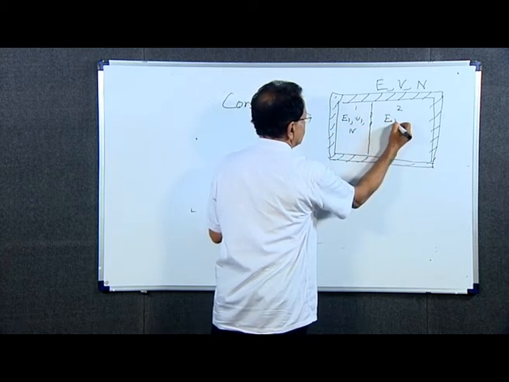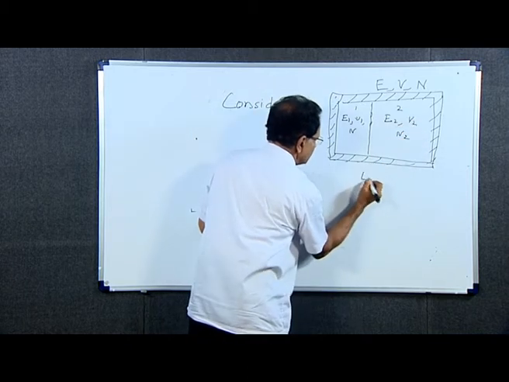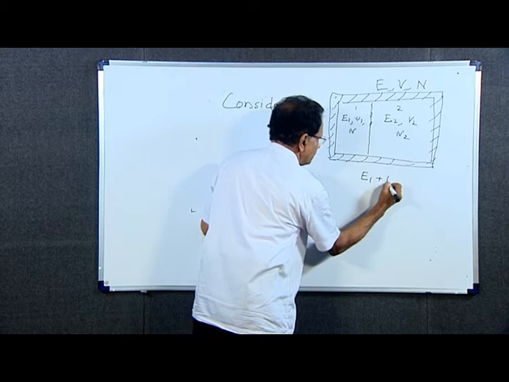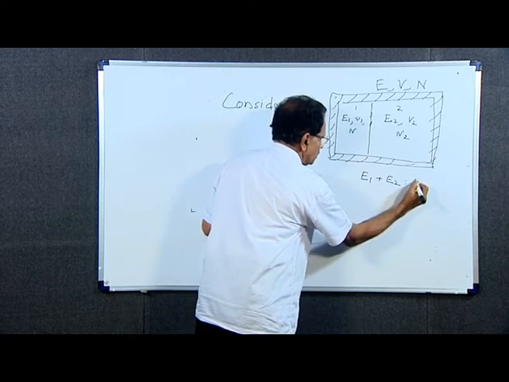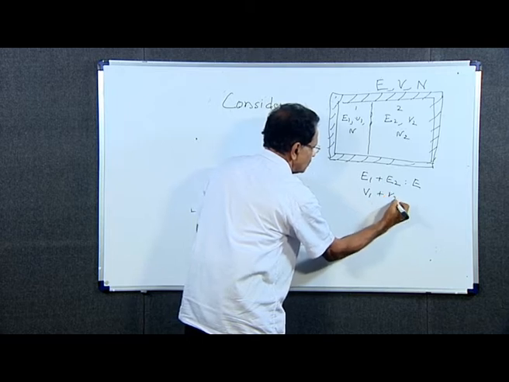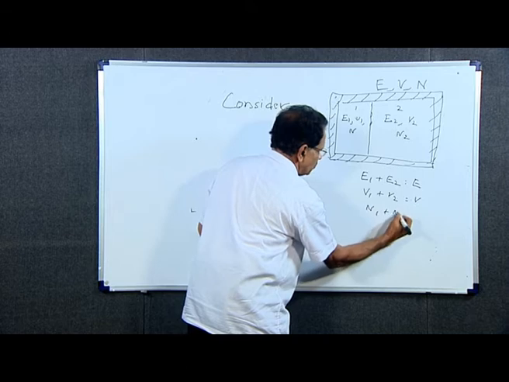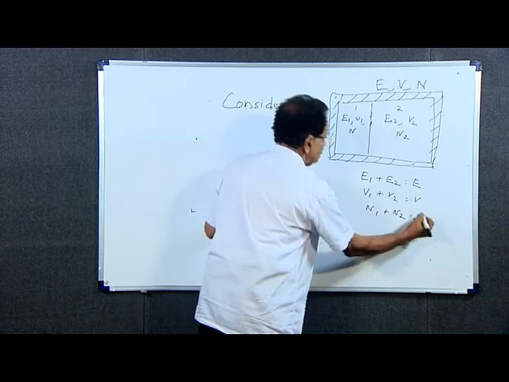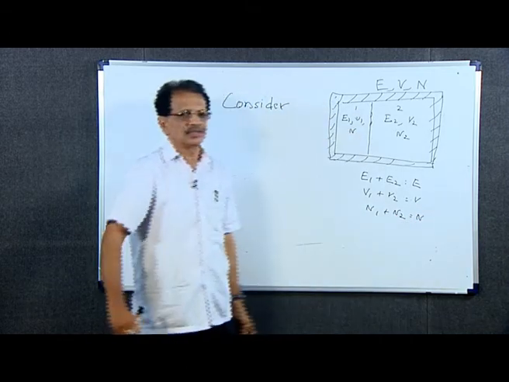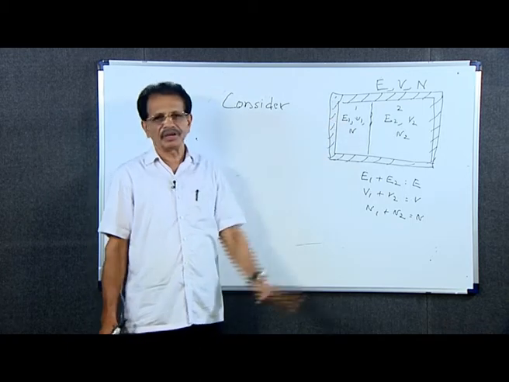The other is E2, V2, N2, such that E1 plus E2 equal to E, V1 plus V2 equal to V, N1 plus N2 equal to N. So that is what an isolated system is. Now the system is tending to equilibrium.